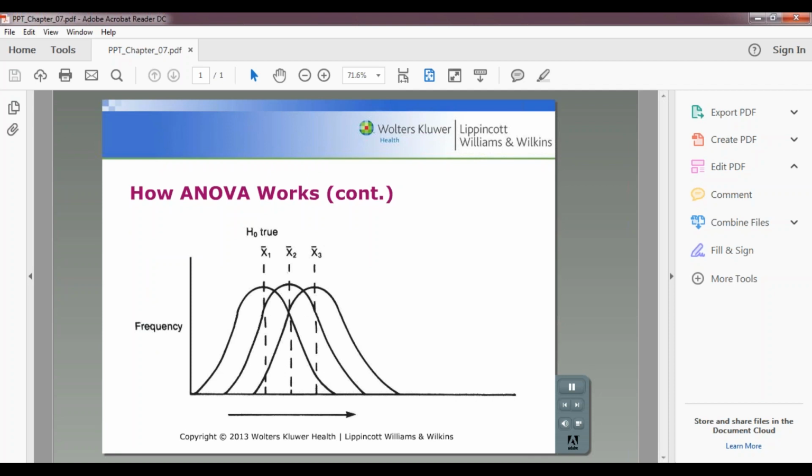Here's another example where data is extremely overlapped, and if you can see the differences between means 1, 2, and 3, or groups 1, 2, and 3, are really not so different. So what you would expect to find when you have data this closely related is that the differences probably did more or less happen by chance, and if you ran the data again, the mean for group 2 would probably look a lot like group 1 and vice versa.